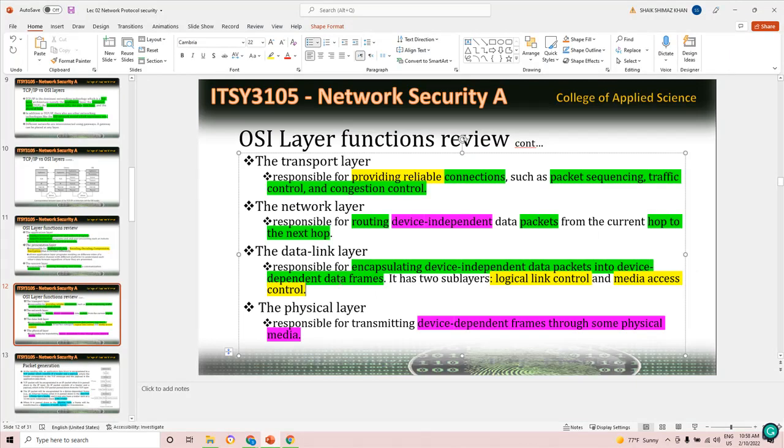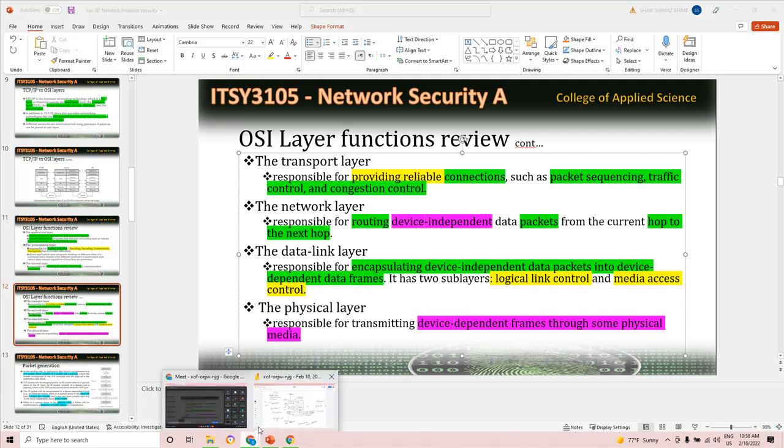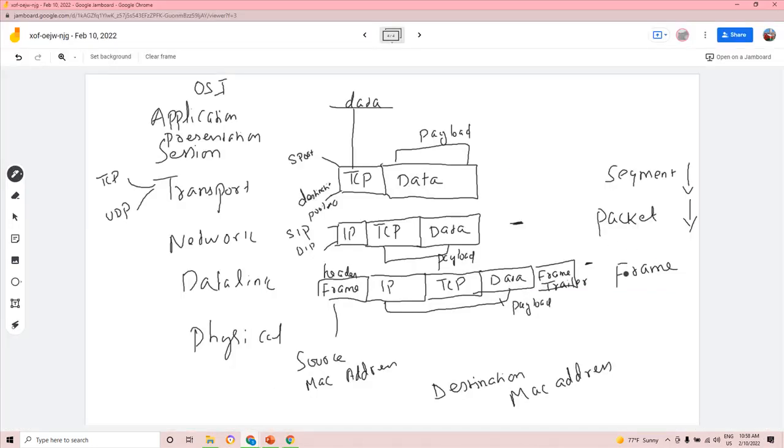So let's come back. The data link layer is responsible for encapsulating the device independent data, that is the packet, into data frames. The packets are converted into frames in the data link layer.